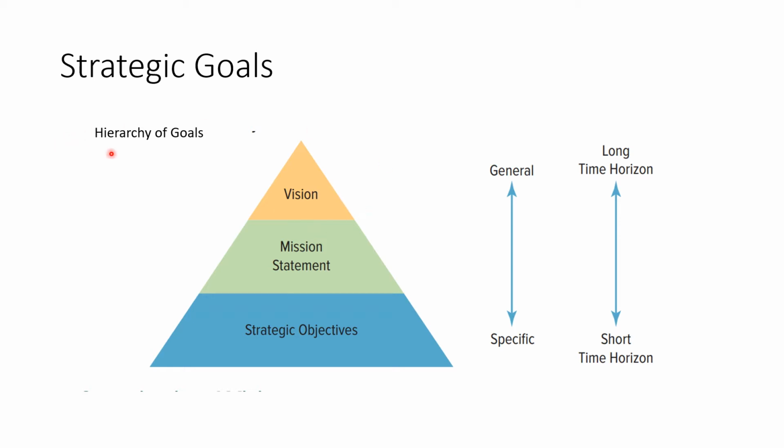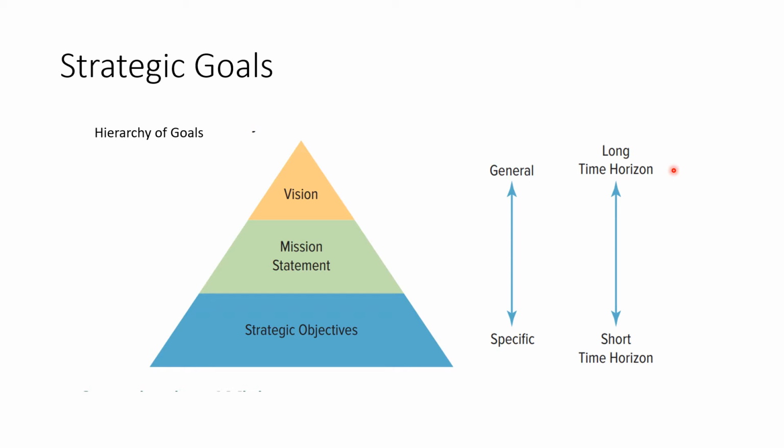Okay, so then you have your hierarchy of goals, which starts with your vision, and then your mission, and then your strategic objectives. Your vision statement should be couched in general terms, and it has to be in the very long term.